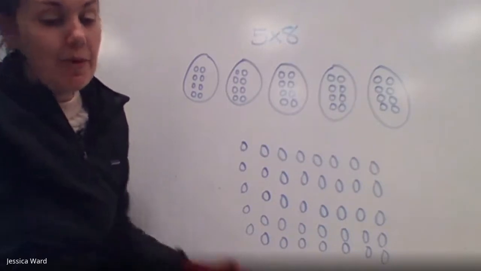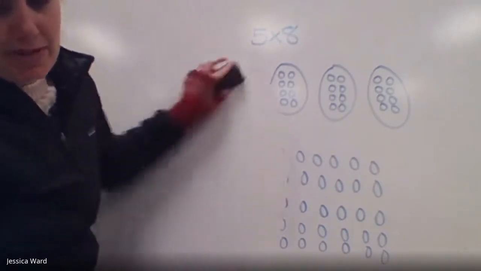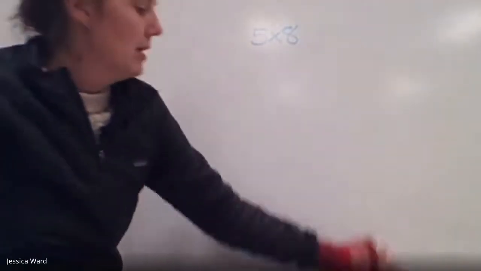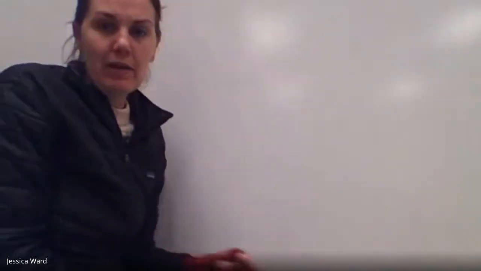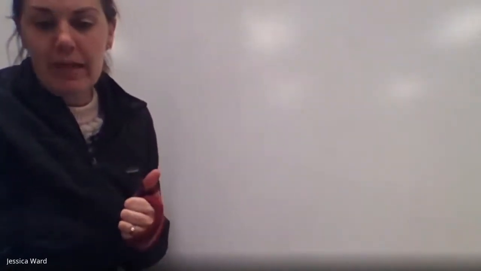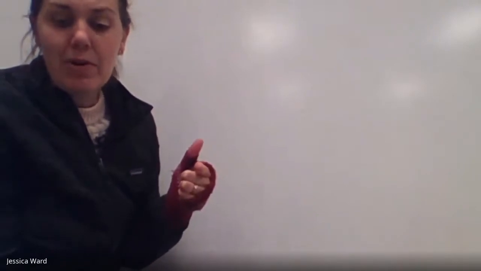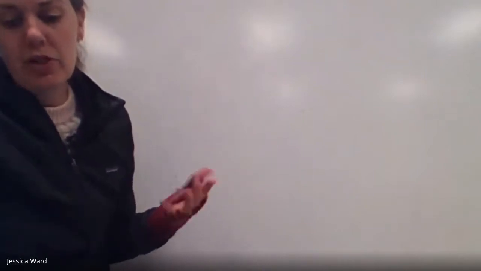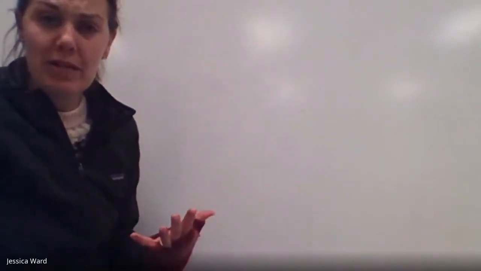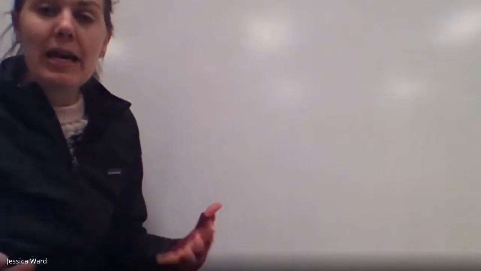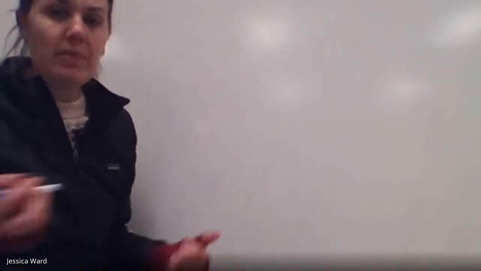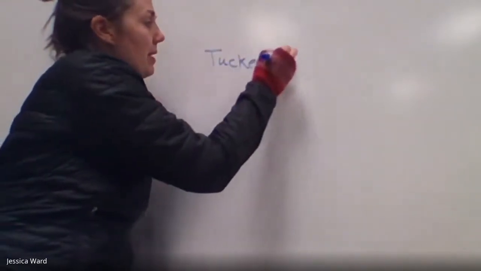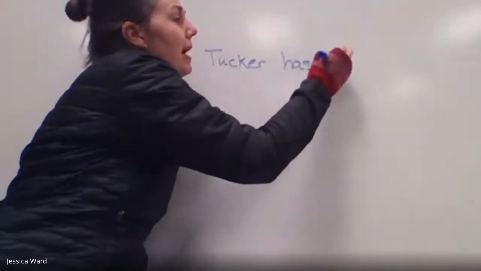Now part B says write a story problem about Tucker's pennies that can be solved by using the model you drew for part A. So we know that we have a person named Tucker. He has some pennies and he wants to show his pennies. So we're going to come up with a scenario where Tucker would need to take his pennies and divide them into 5 equal groups. So we might start by saying Tucker has 5 friends.